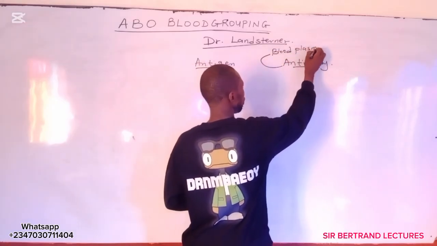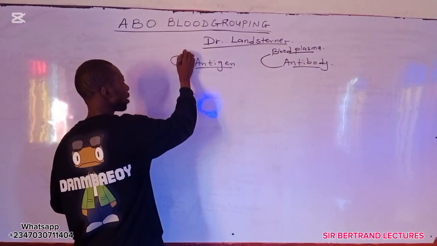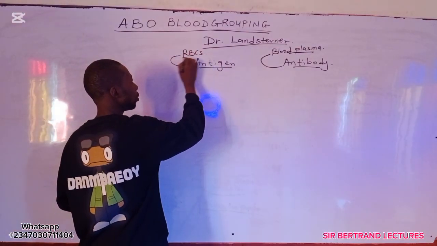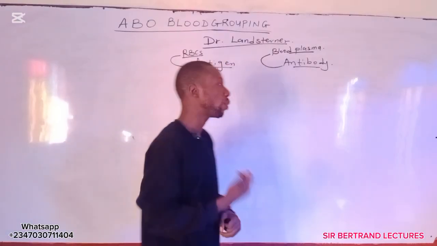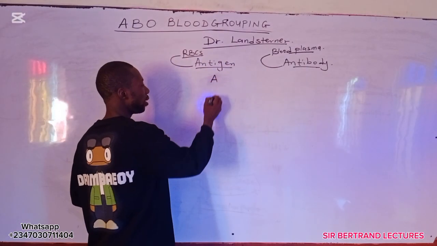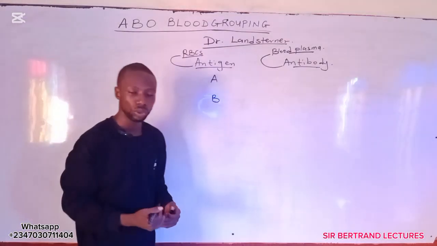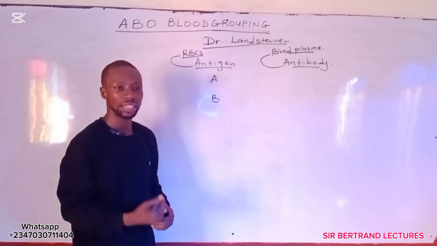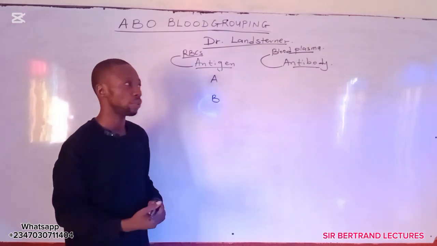Antibody is found in the blood plasma, while the antigen is found on the surface of the red blood cell. The antigens are antigen A and antigen B. These are the two types of antigen Landsteiner discovered on the surface of the red blood cell.